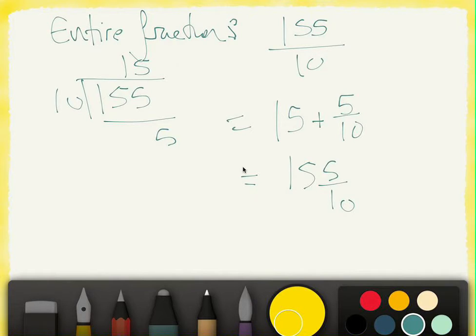And we could check to see if it's true: 15 times 10, 150, plus 5, 155 over 10. In this particular situation, we could actually reduce this a little bit further, and we could say, well, it's 15 and a half, because we know that 5 over 10 is actually the same as a half.